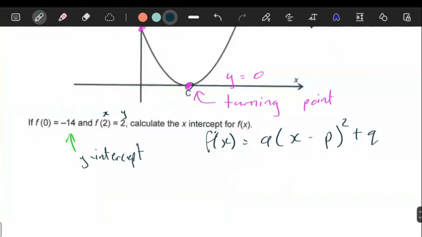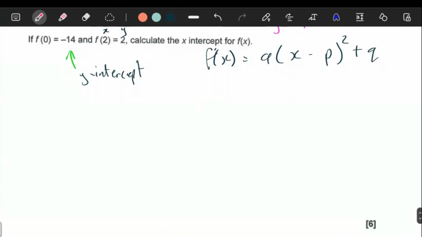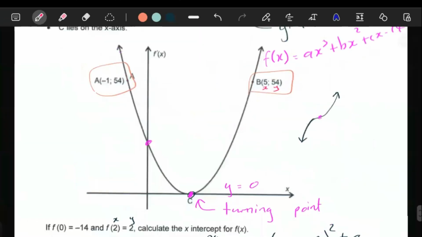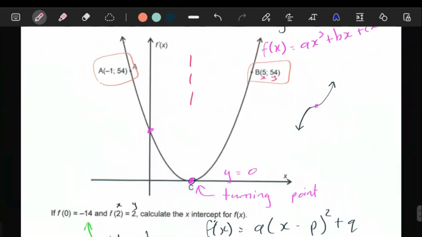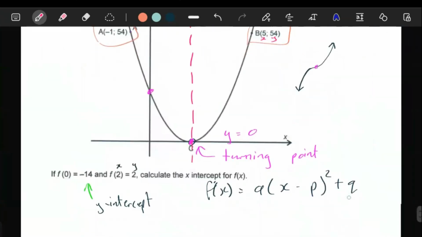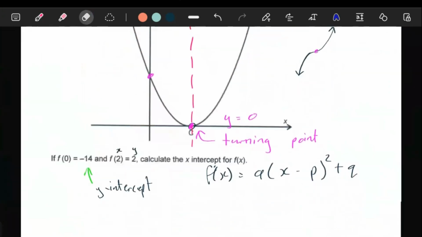We already have the y value of the turning point. It's 0. The x value of the turning point is going to be in between these two x values, -1 and +5.